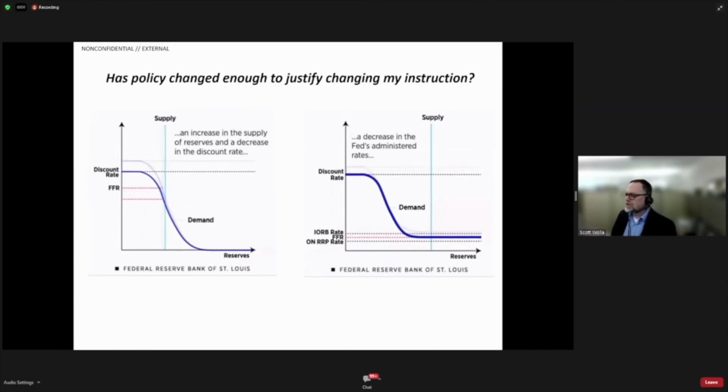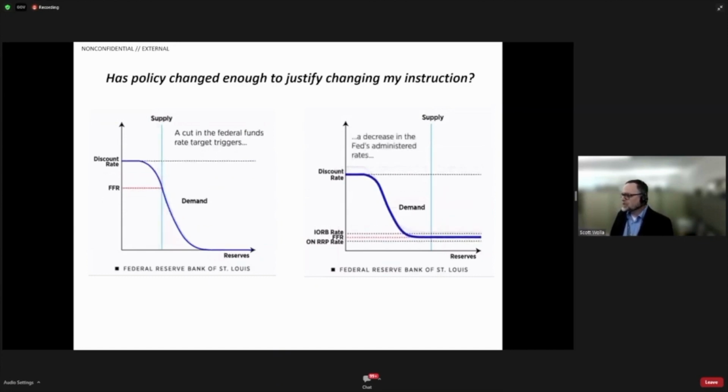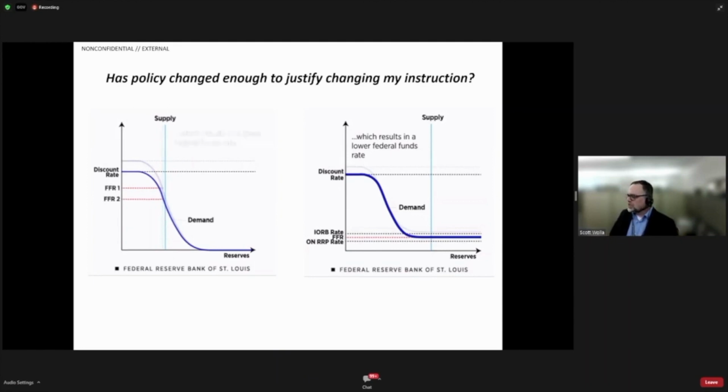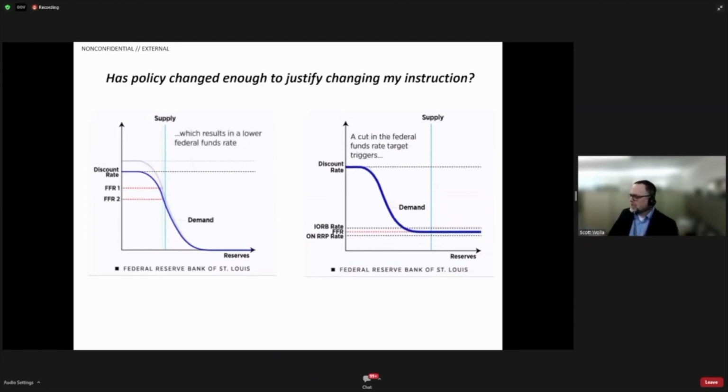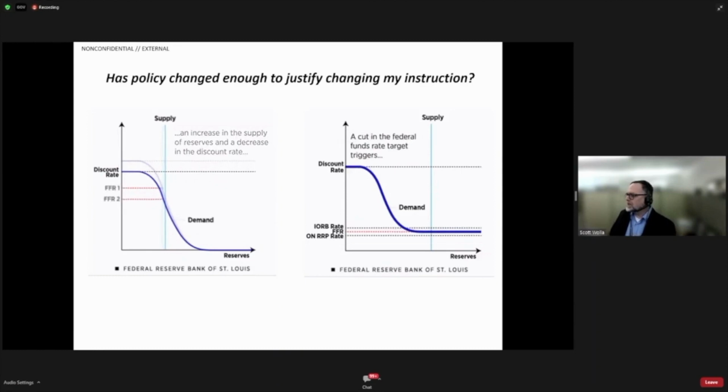On the left-hand side, you see the supply curve shifting. On the right-hand side, you see the ample reserves regime, which is the way the Fed currently conducts policy. And in this scenario, the Fed moves these 3 what we call administered rates. These are rates that the Fed sets: the interest on reserve balances, overnight reverse repurchase agreement rate, and the discount rate.